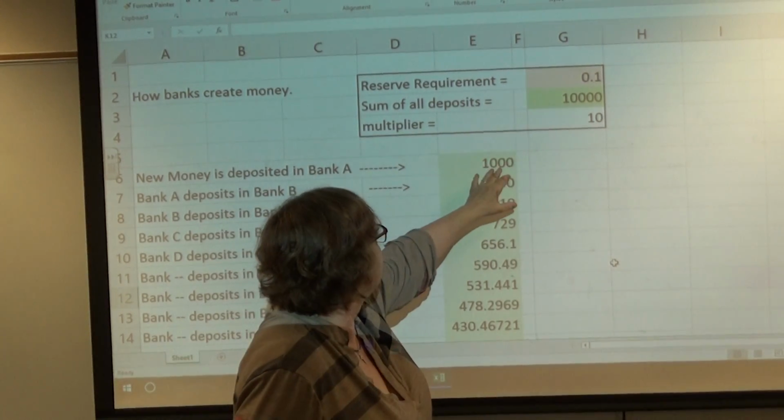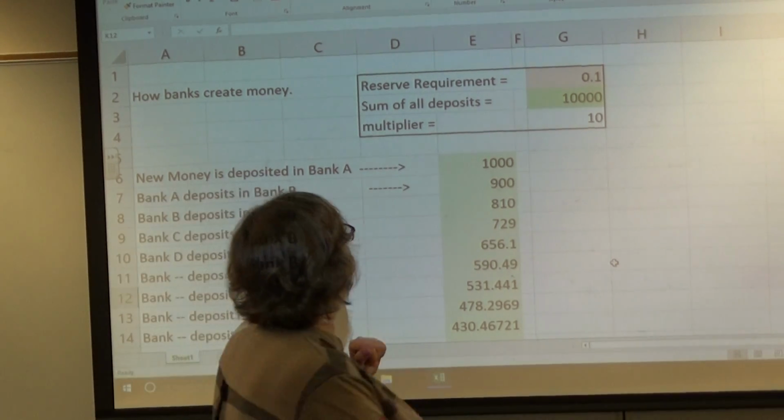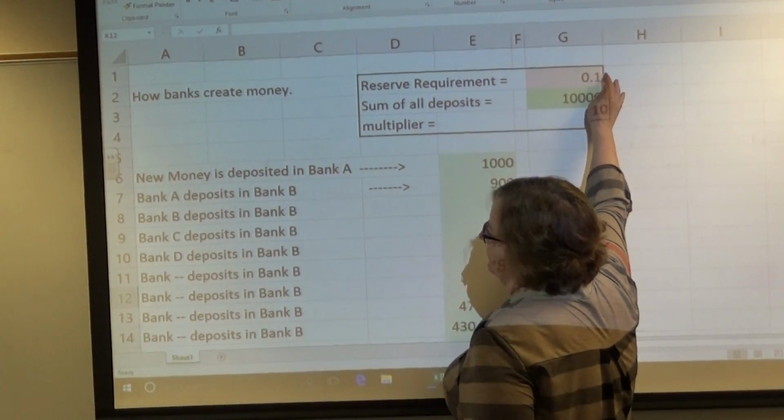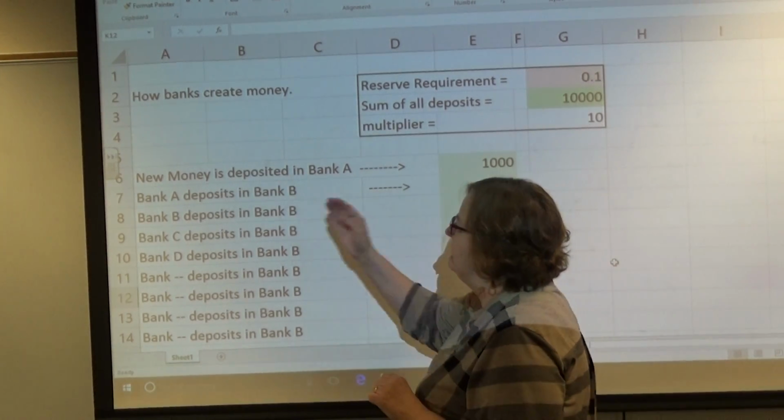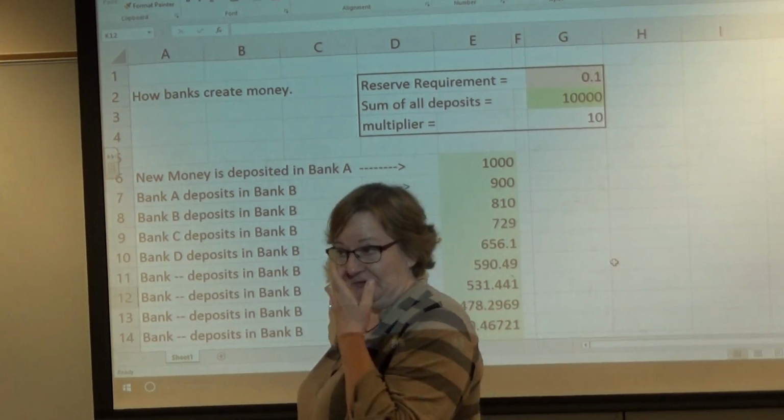But anyway, let's say that somehow there's been a process, which I'm going to talk about, in which there's new money and somebody goes to the bank and deposits it. If they're required to keep 10% of that deposit, then they can make a loan, and I actually worded this wrong.